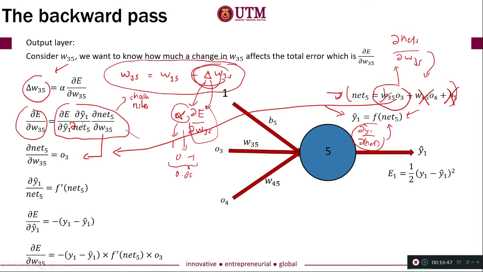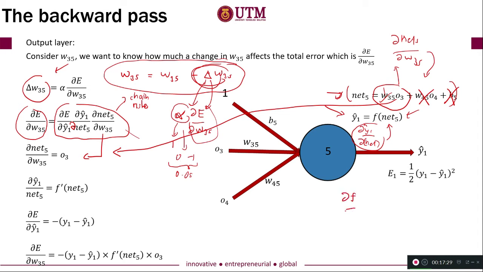How about this component? Of course, this one depends on the activation function. To find del y1 hat over del net 5, you need to know the activation function. Since we haven't set yet whether our activation function is a sigmoid, a sinc function, or a unit step function, we just use a variable f apostrophe to represent the derivative of our f.